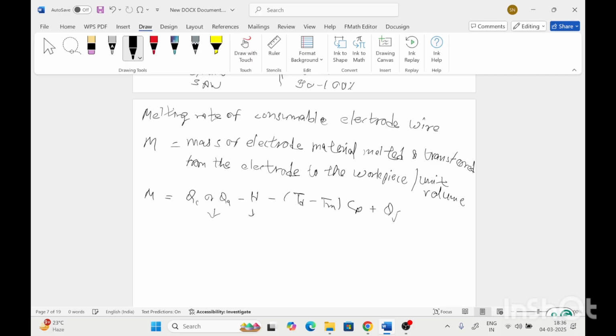So H is the latent heat. This is the heat required to increase droplet temperature.